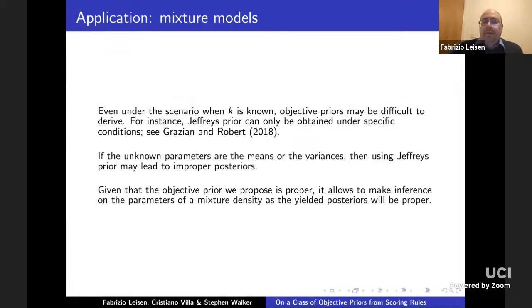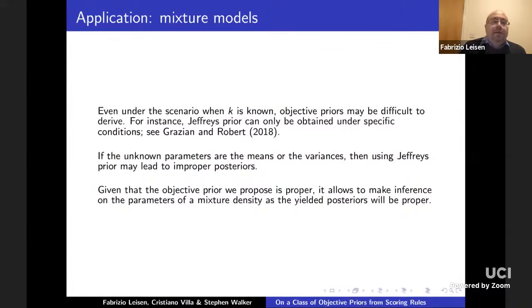And so we know that even in scenarios where k is known, objective priors may be difficult to derive. We have many examples. For instance, Jeffreys priors can be only obtained under specific conditions. There is a nice paper of Clara and Cristiano, a recent paper, that discusses various scenarios about Jeffreys priors for mixture models.